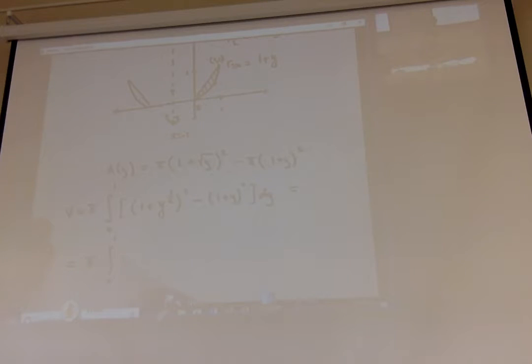I'll start putting parentheses because I'm opening inside parentheses, so we get 1 plus 2y to 1 over 2 plus what? Y, good. And then I will open a parentheses and times by negative. So minus 1 minus 2y and minus y squared and dy.